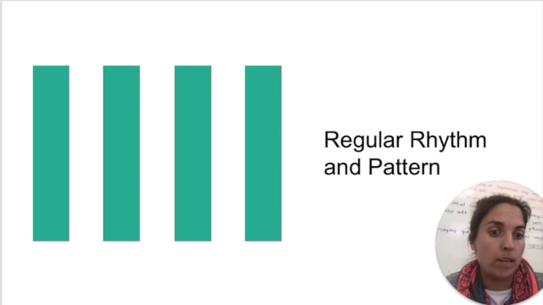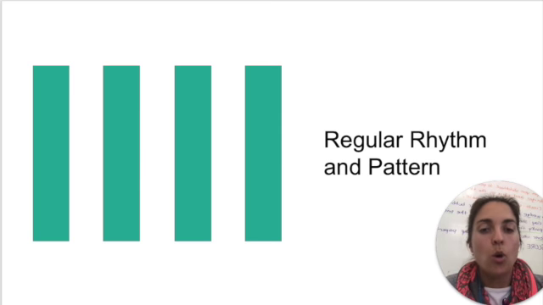So label those examples. I'd like you to write down regular, rhythm, and pattern. We have a regular pattern being created by the repetition of what we'll call this turquoise rectangle. It's the exact same motif being repeated here, and then here, and then here.